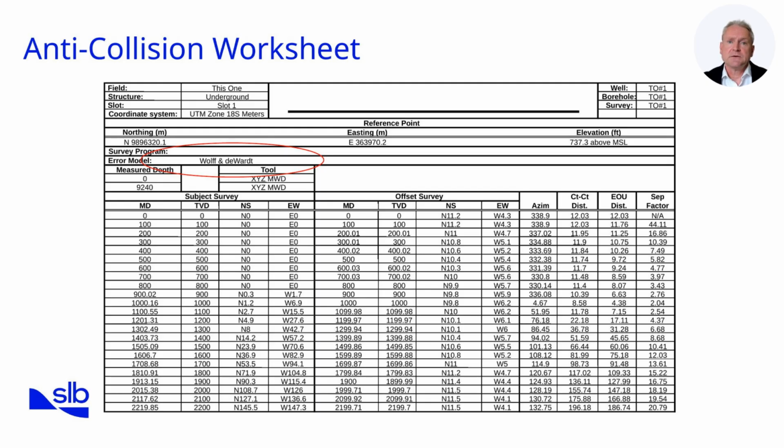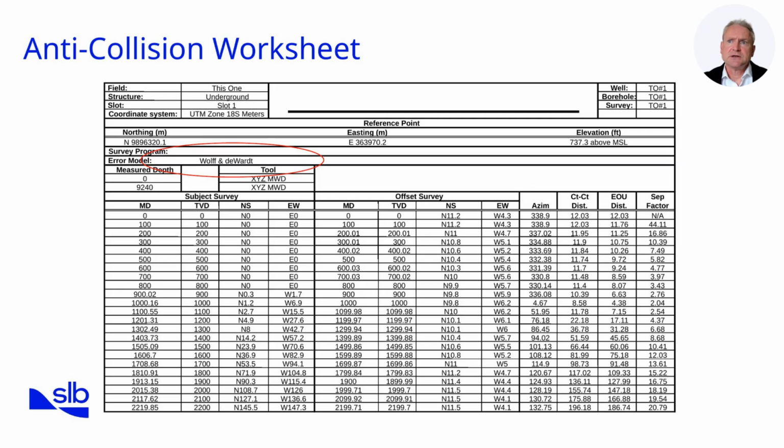Regulators and partners often require such documentation to verify that risks were assessed and appropriately mitigated. Ultimately, the worksheet helps transform complex survey and trajectory data into actionable information, bridging the gap between theoretical models and on-the-rig execution.